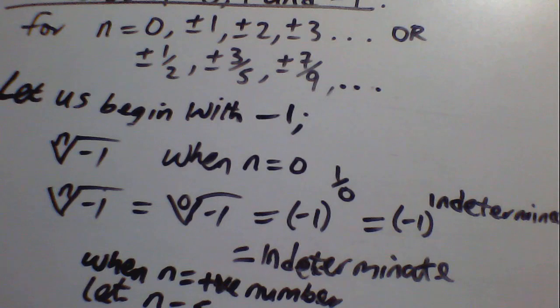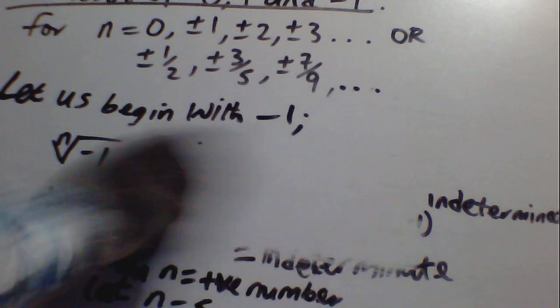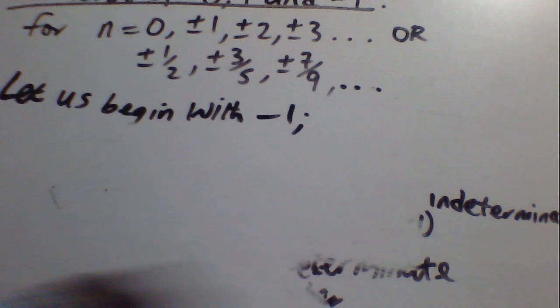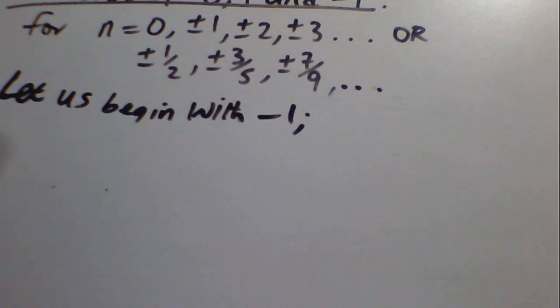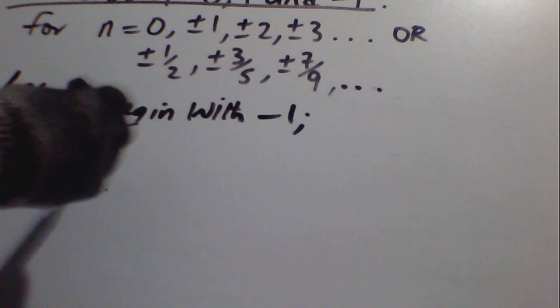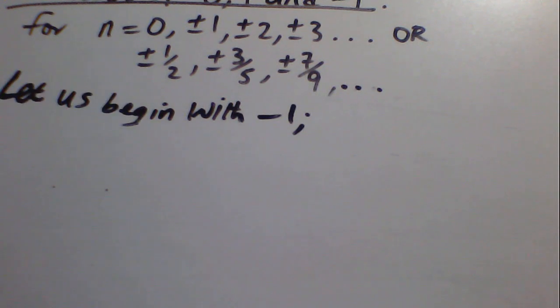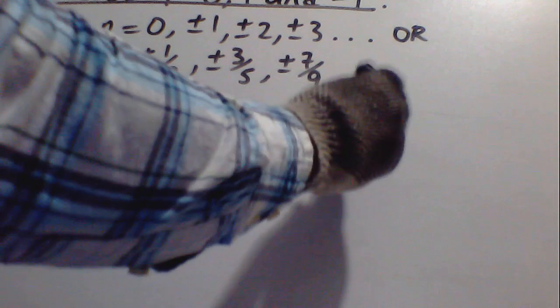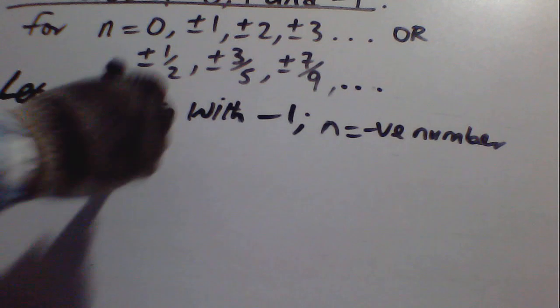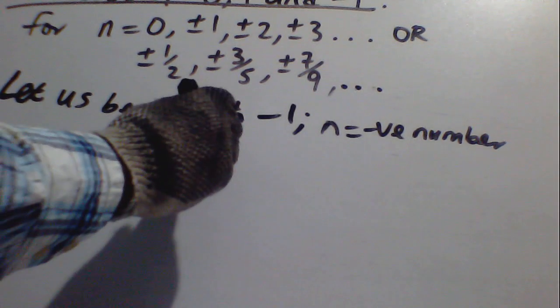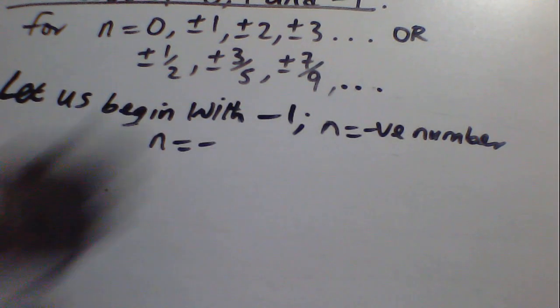So let's look at another example. We will say that when n is a negative number, in this case, let our n equal to minus 3 over 7.